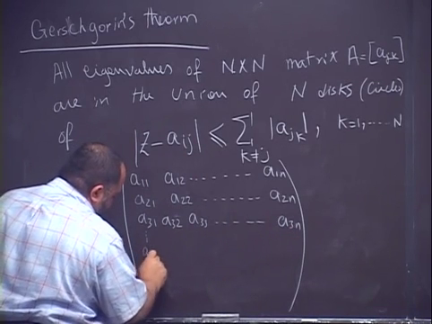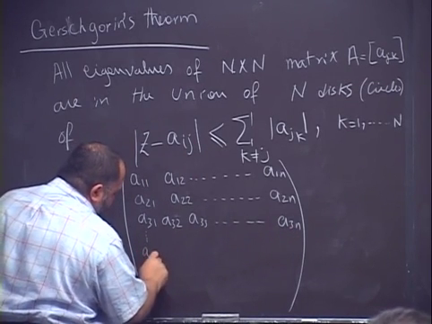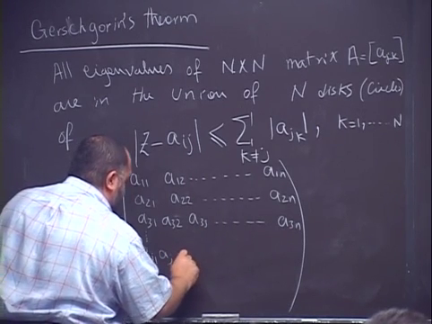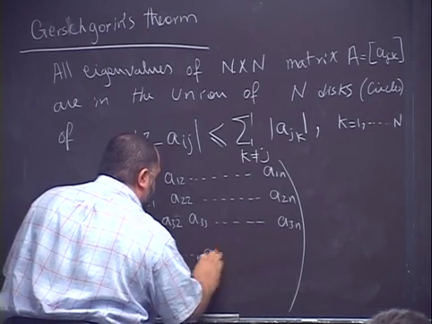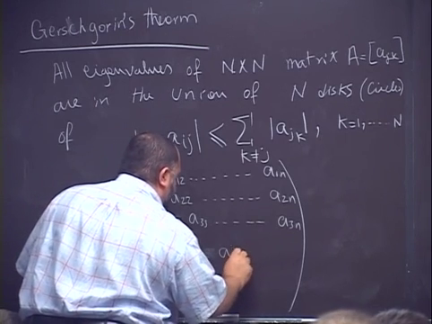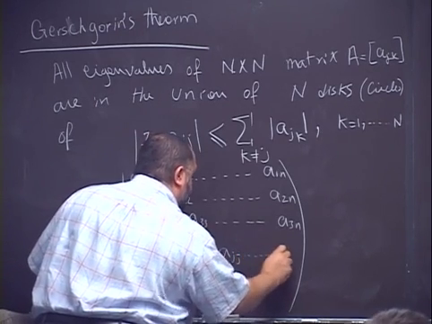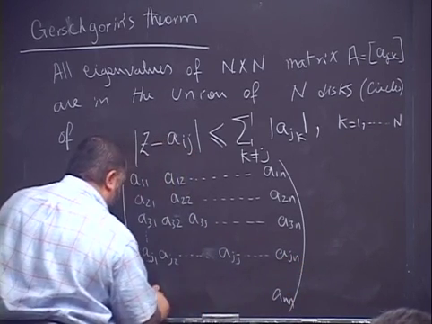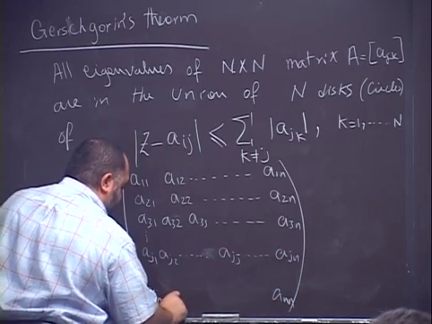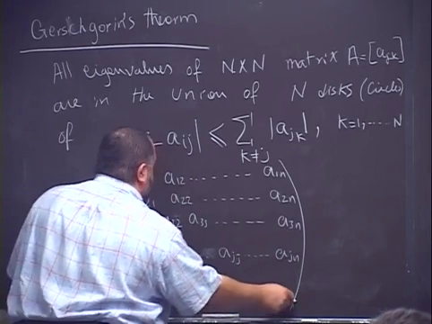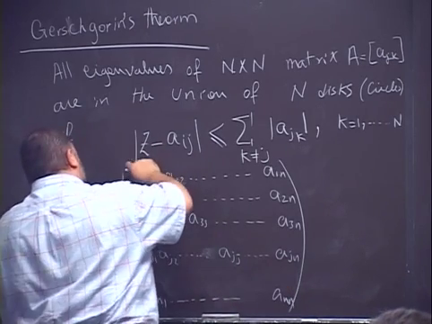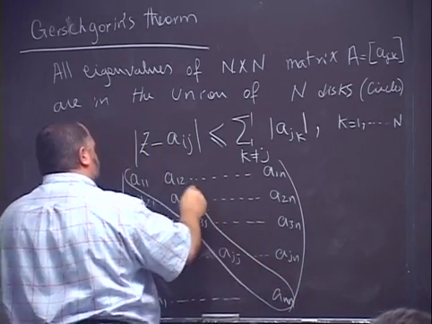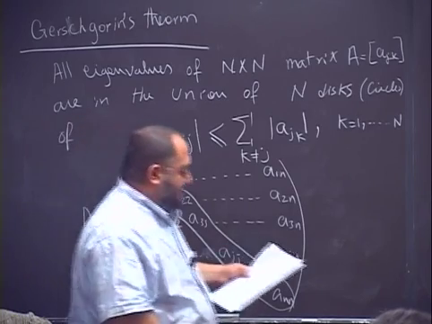Let's assume that this is the row j, so this is Aj1, Aj2, up to Ajj, Ajn, here is Ann, and this is An1, and so on. So this is the diagonal here, the diagonal of the matrix.